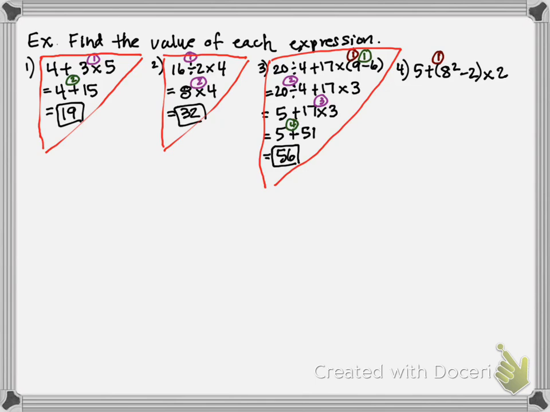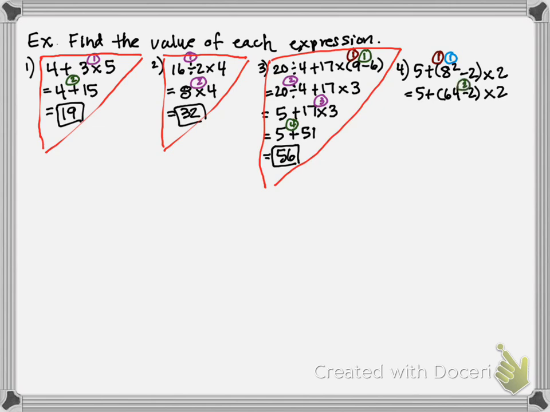So after grouping symbol, do I have any exponents? And the answer is yes. So that's the actual first operation I'm going to be doing. So I get 5 plus the quantity, and then 8 squared is 64, minus 2 times 2. Now I still have the grouping symbol, it hasn't gone away, and I have to do whatever is inside of it.